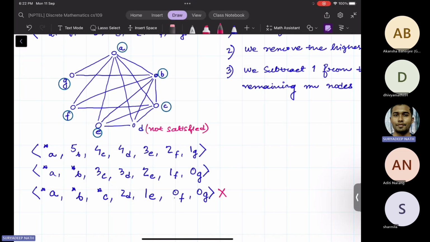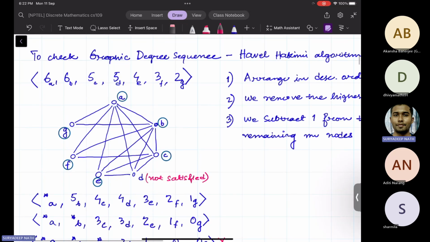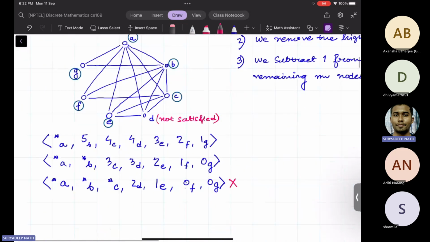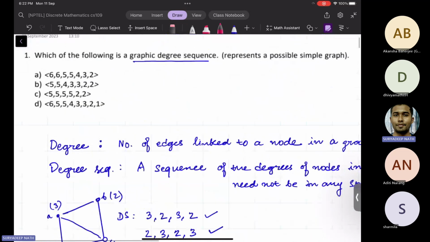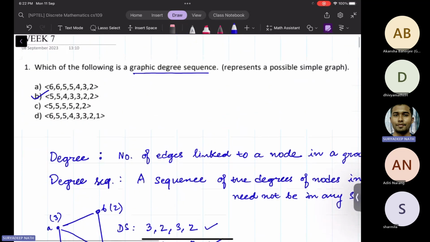So this is how you check using the Havel-Hakimi algorithm. If you do it for all four sequences that are given, you will find that option B is the only correct answer, and you will get an error in all the other three cases.